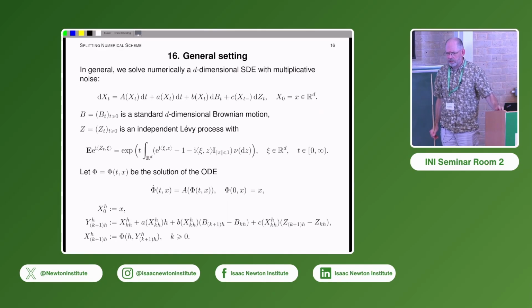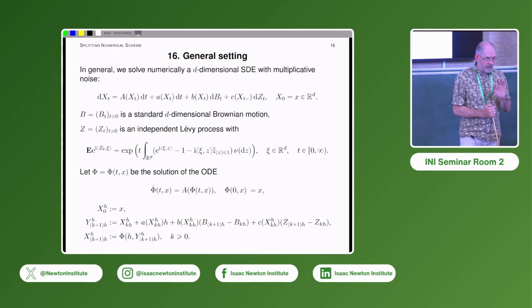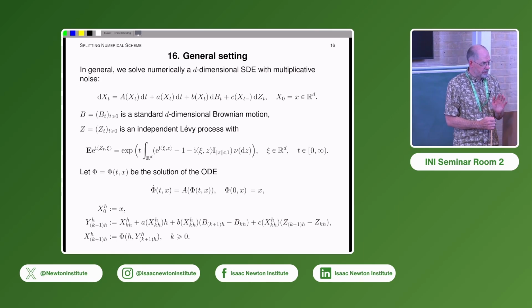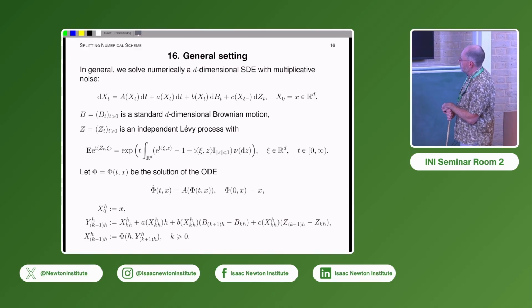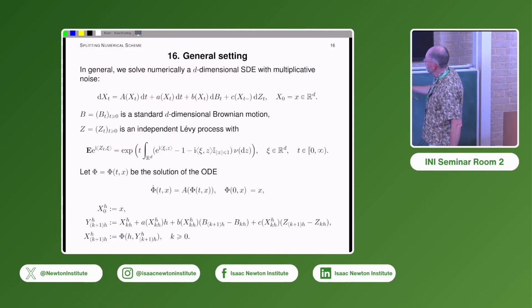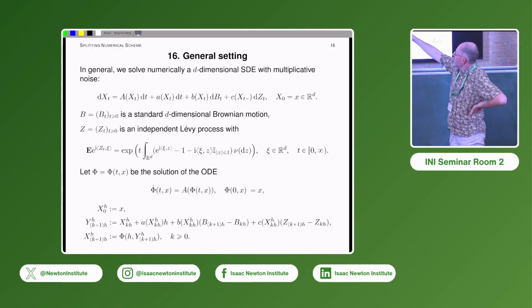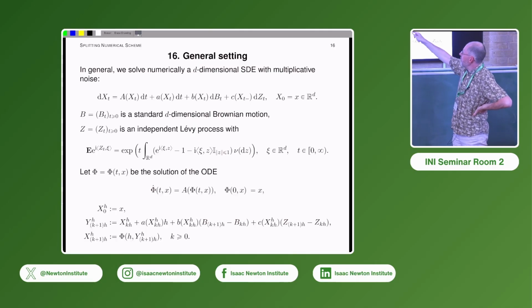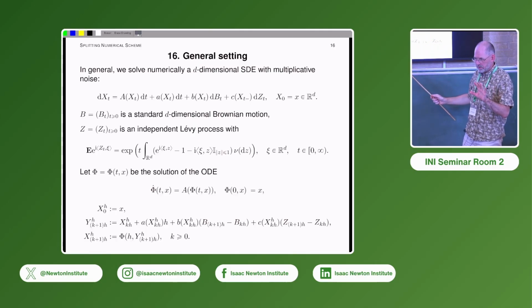And now I go to the general setting, and I explain a multi-dimensional example, which is also interesting. So what do we do in the general setting? It is rather flexible. We are able to solve numerically the following SDE. You have a drift A, and another drift small a, which will be very regular, so to say.